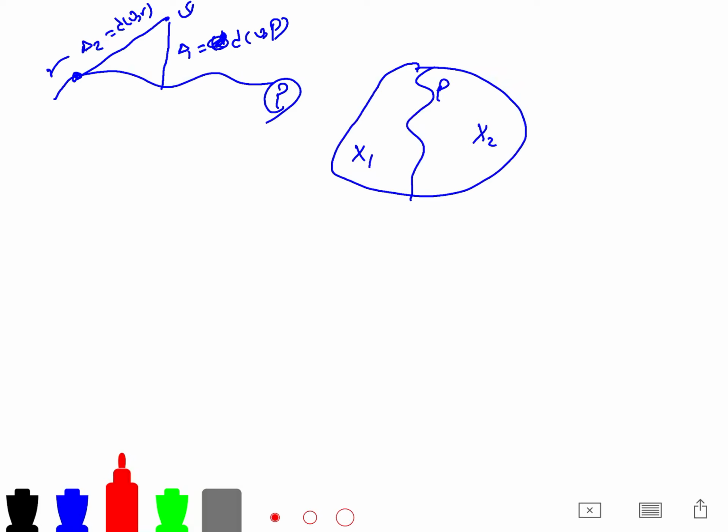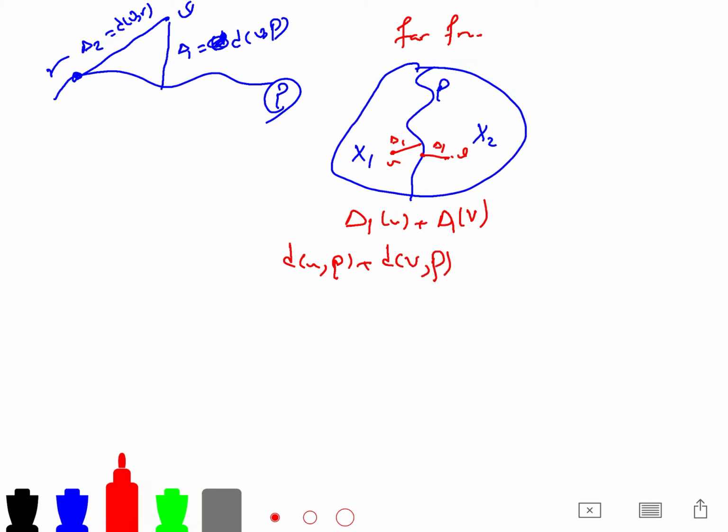The first coordinate is the distance to the path. If u is here, this is delta 1, and if v is another point here, this is its delta 1. So for points that are far from the path, it becomes delta 1 of u plus delta 1 of v, that is, d of u and p plus d of v and p, which satisfies what I said in my previous slide.